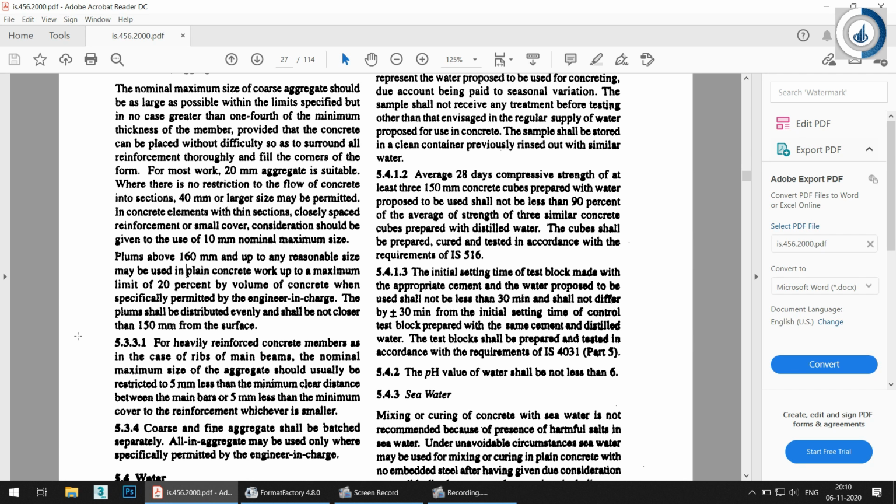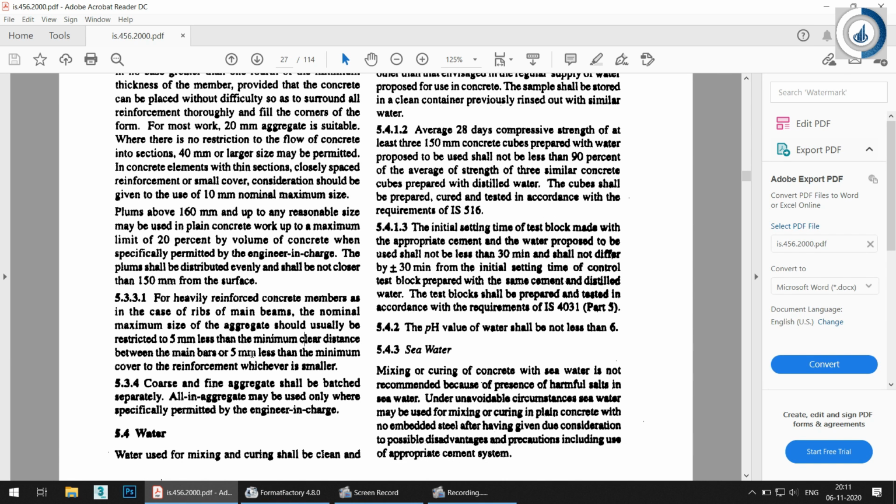So then you have to restrict it to 5 mm. If the spacing is 10 mm, the aggregate size should be 5 mm. Or 5 mm less than the cover you are providing for the reinforcement; whichever is smaller between the two, you have to select it. This way you have to remember how to use the size of aggregates.